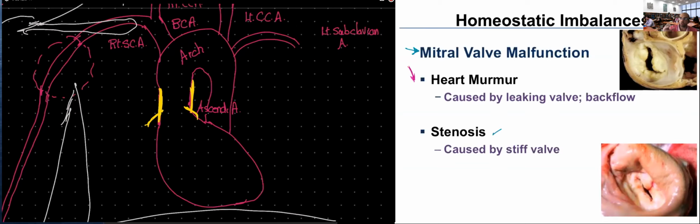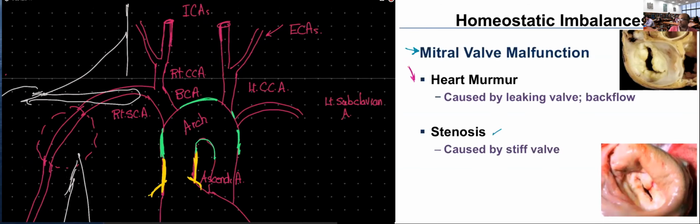Then the aorta travels like this, forming the aortic arch. How many branches did I get from the aortic arch? Three: brachiocephalic artery or trunk, left common carotid, and left subclavian artery.